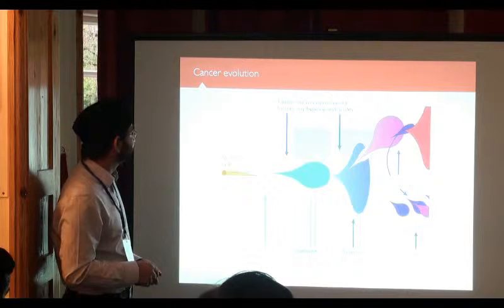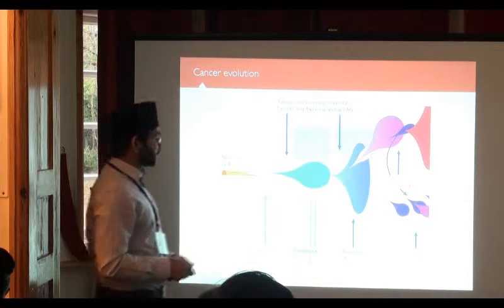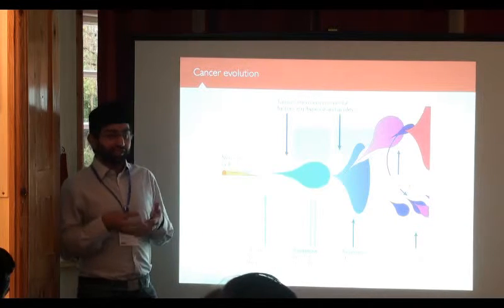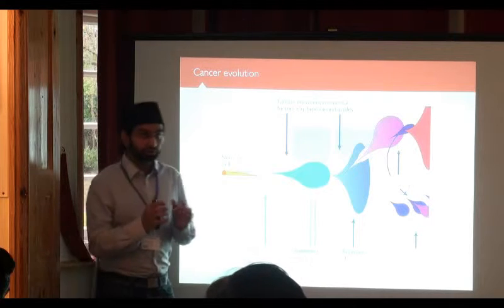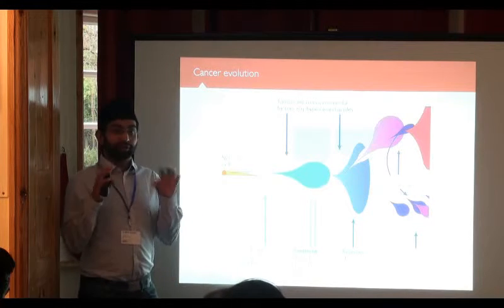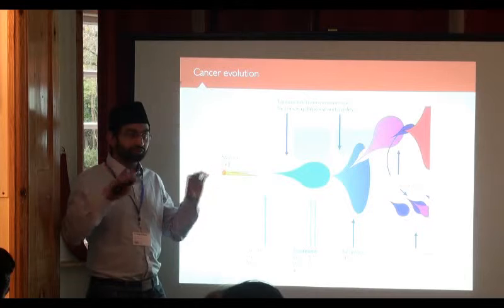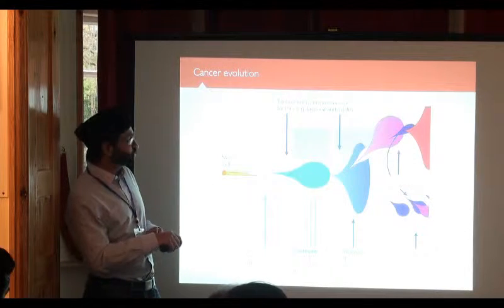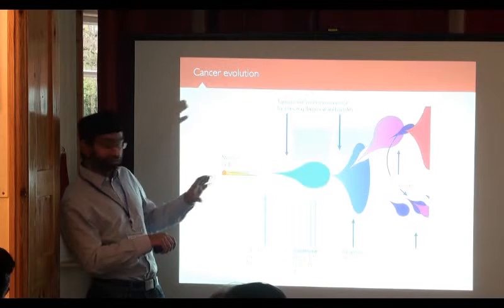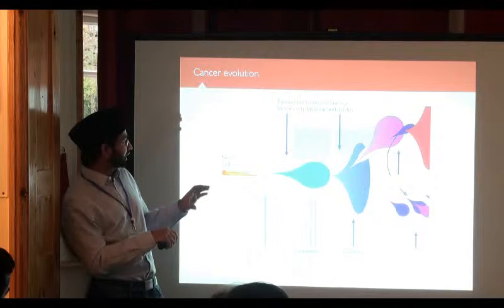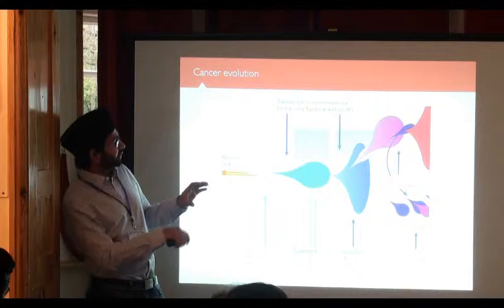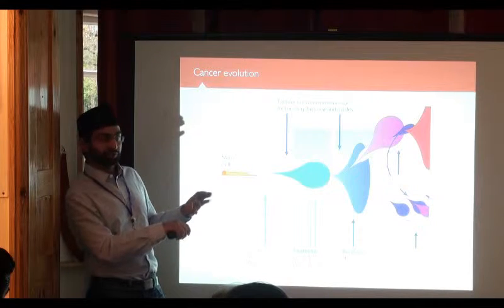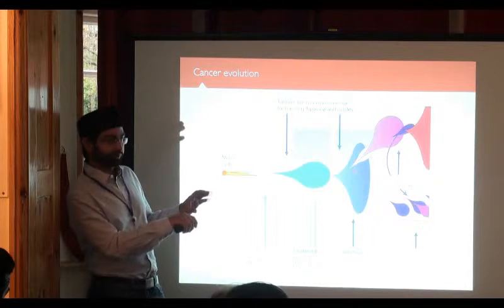Another issue is the heterogeneity of one single tumor. You have one single tumor, but it is made up of multiple different subtypes. So you apply a treatment to this heterogeneous system, and what you end up getting is this light blue thing, and then lots of these dark blue things, which are made up again of multiple things.